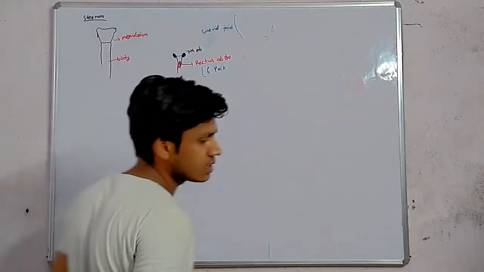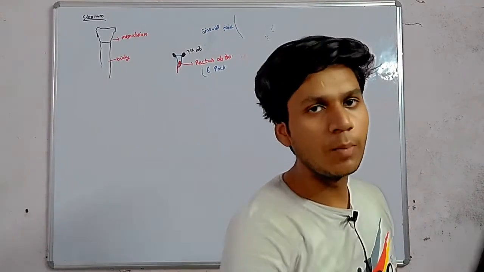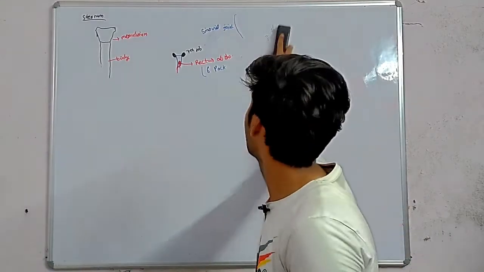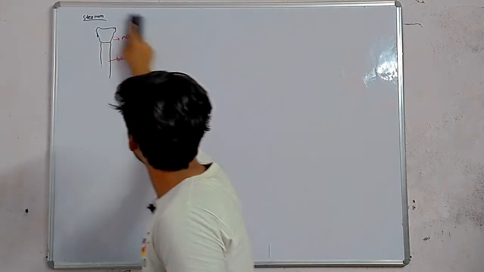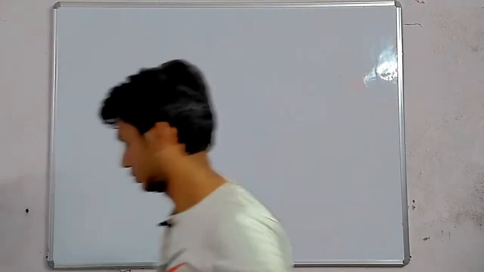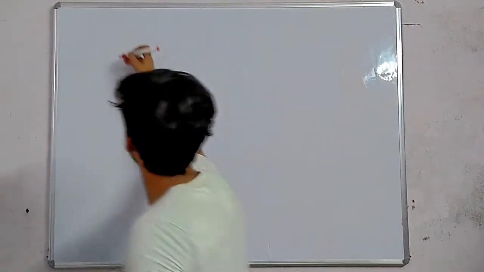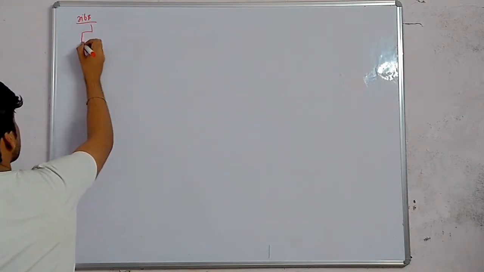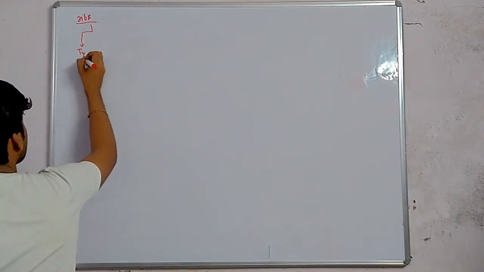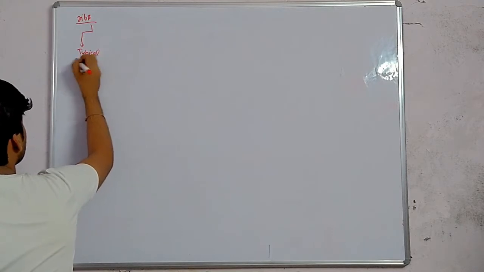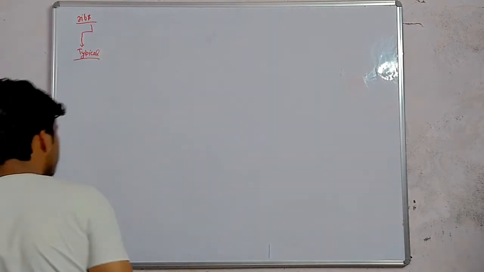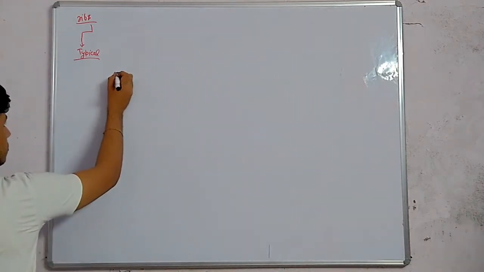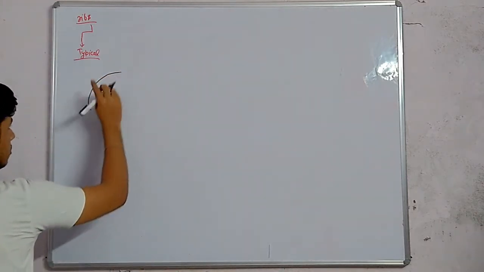Some common features present in some ribs and vertebrae are called typical, and deviation from this is included in atypical. Ribs are of two types, typical and atypical. For the typical rib features, first we draw the first rib. We draw a single rib.